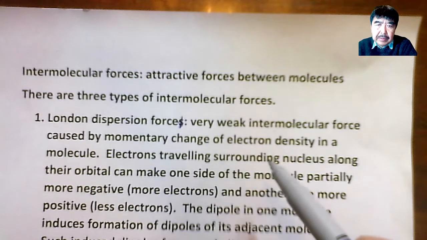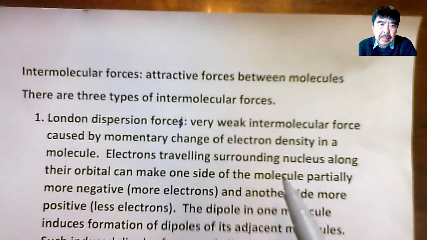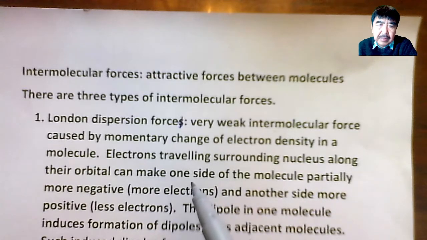Electrons traveling around the nucleus along the orbitals can make one side of the molecule partially more negative with more electrons, and another side more positive with fewer electrons.